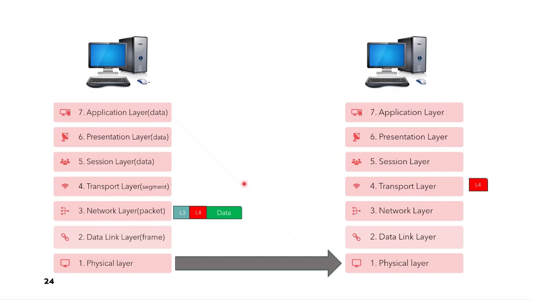So from there, it moves the data down to the data link layer. Just as the transport layer, the data link layer also adds a header and a trailer. Basically, this is to identify the node, the specific device that is going to receive this data.